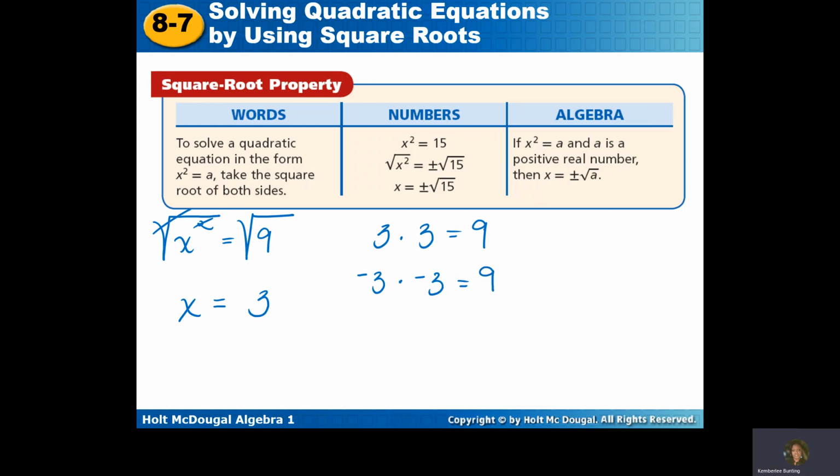Doesn't that equal a positive 9 as well? So we must acknowledge at this point in our instructional programming that the answer, when I take the square root of 9, is both positive and negative 3.